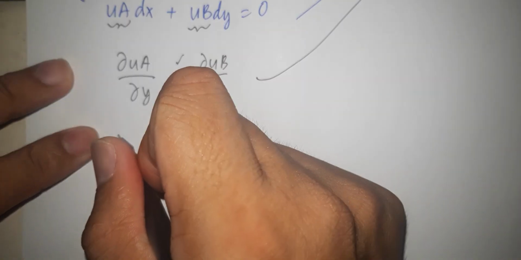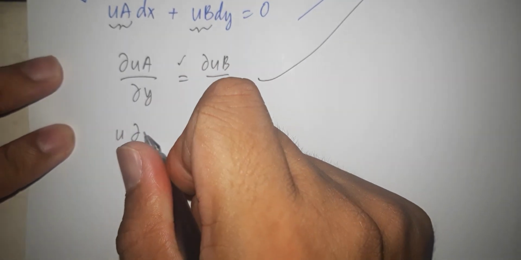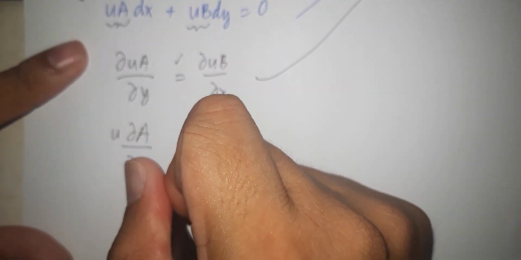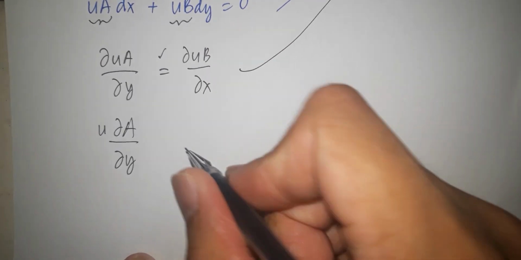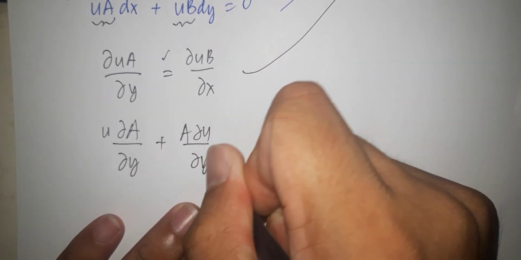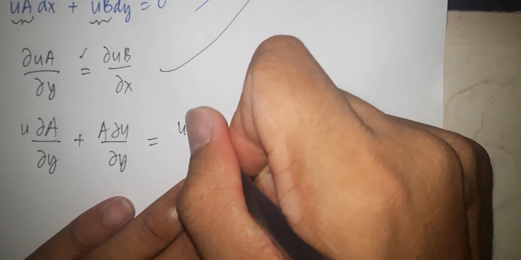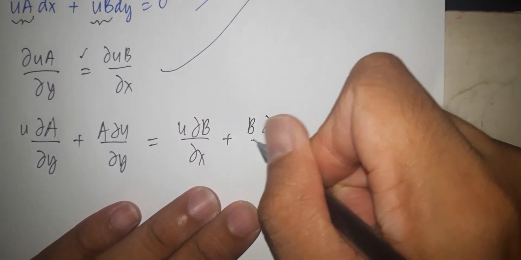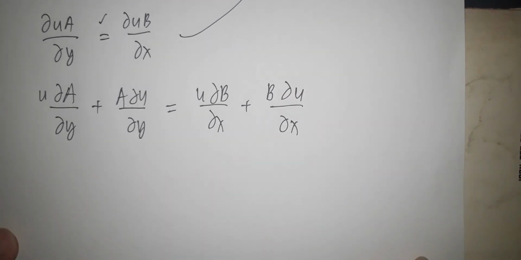So, isatisfy natin siya. The partial derivative of uA is u partial derivative of A with respect to y using product rule, plus A partial derivative ni u with respect to y is equal to u partial derivative ni B with respect to x, plus B partial derivative ni u with respect to x.